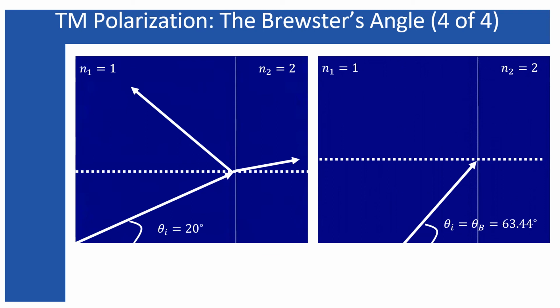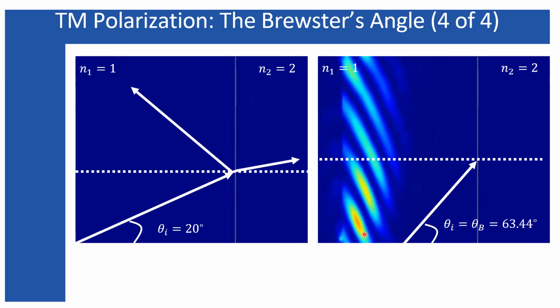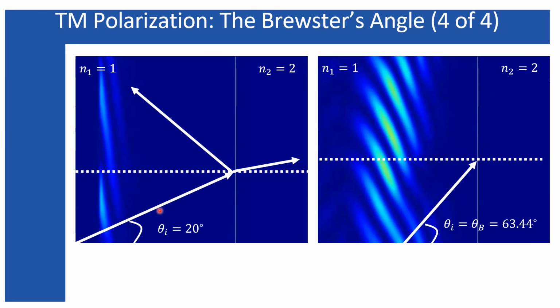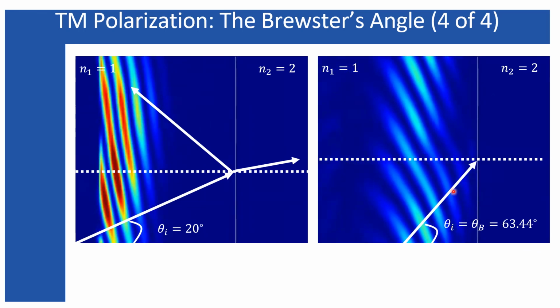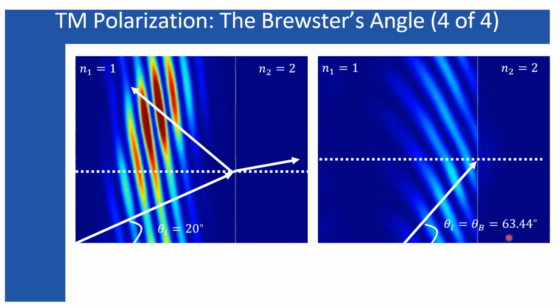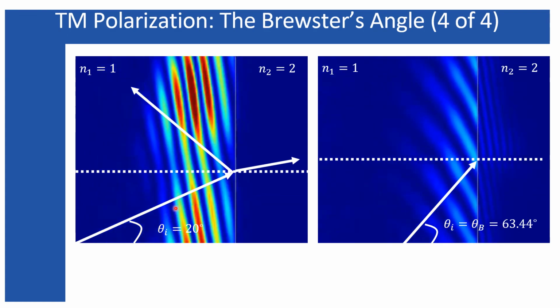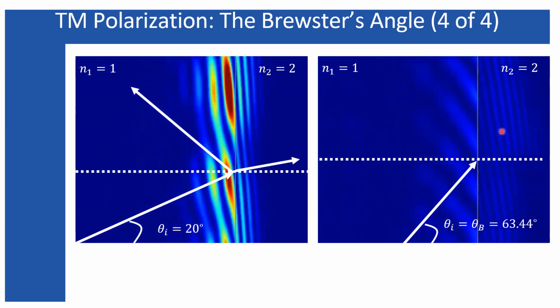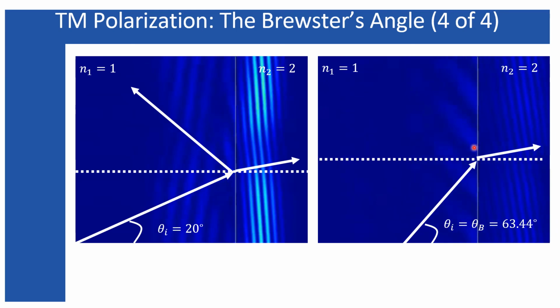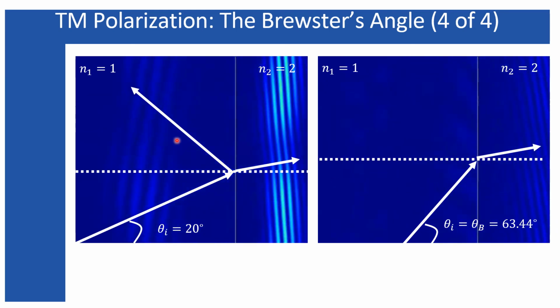Now the second case, this is the wave vector making an angle of 63.44 degrees. Here you can see everything gets transmitted, no reflection, but here is a reflection.